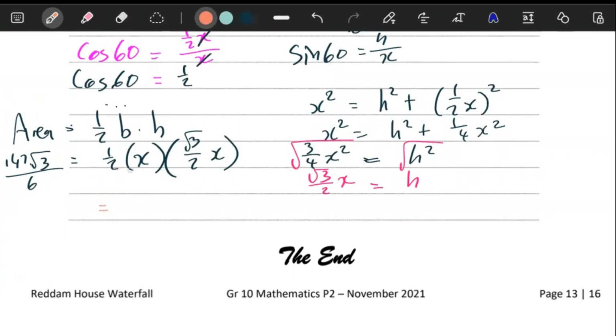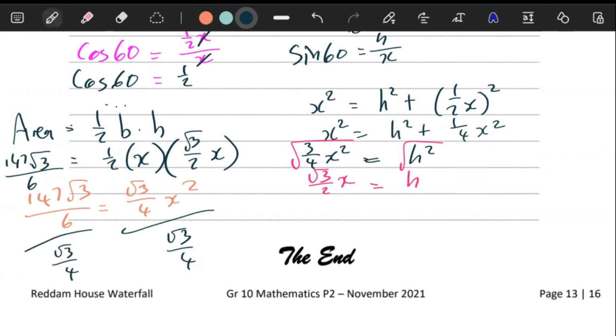You have here, these two are being multiplied together, so you're going to have square root of 3 over 4 and then x squared, equal to 147 square root of 3 over 6. And then you can divide both sides by the square root of 3 over 4.